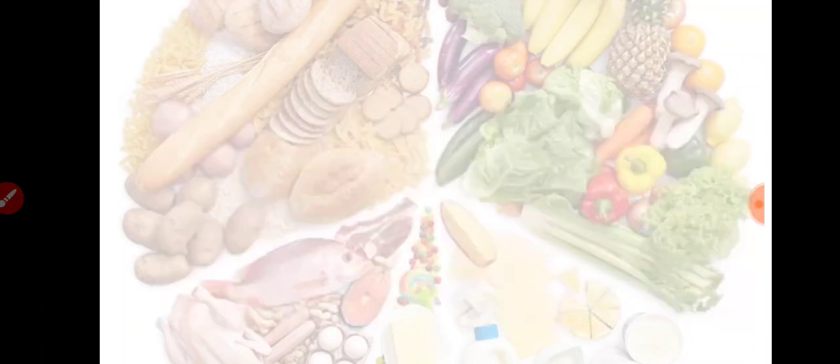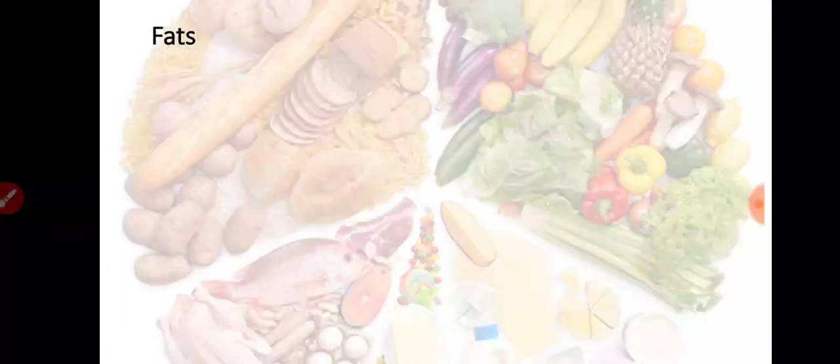Let us talk about the fats. Fats contain atoms of carbon, hydrogen and oxygen. Fats help during blood clotting and in maintenance of skin and hair. Our diet should consist of 5 to 10% of fat.